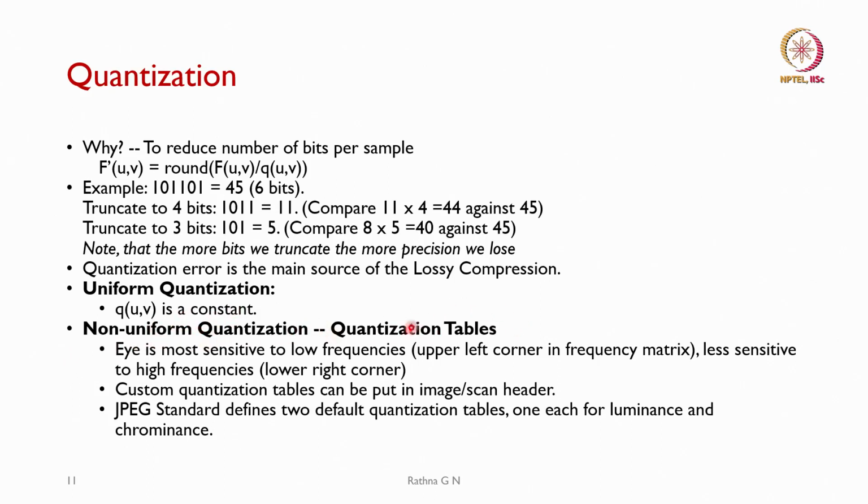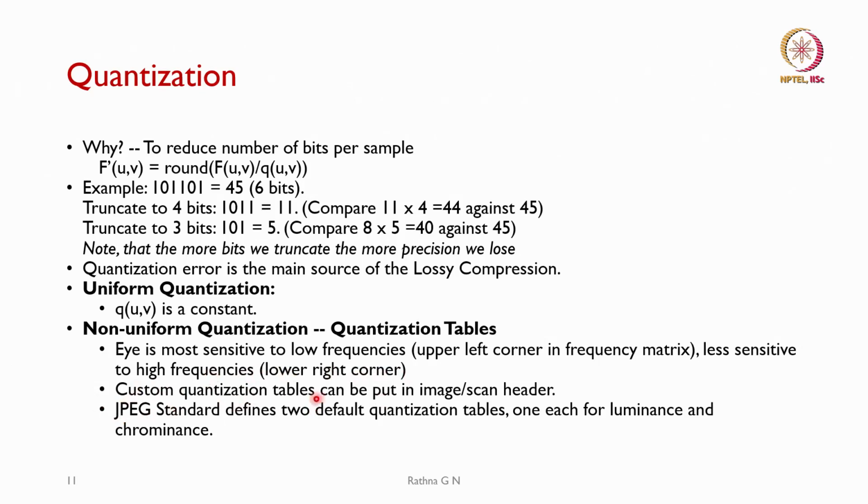So, you will be using quantization tables, which is the reason why you have tables in JPEG compression. The eye is most sensitive to low frequencies, the upper left corner in the frequency matrix, and less sensitive to high frequencies, the lower right corner.